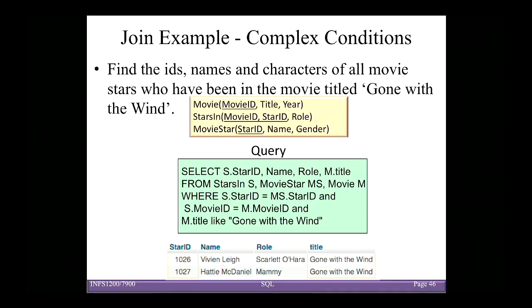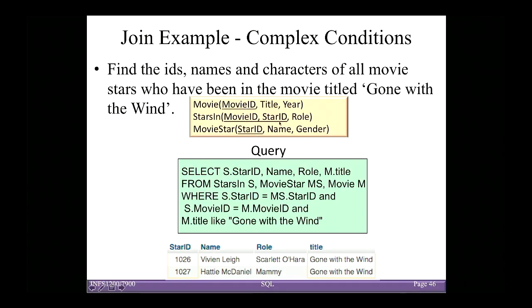Now, note that there's no way to go directly from the relation movie to movie star. To go from movie to movie star, if you want to make any bonds between those, you have to also include stars in. Because movie ID is the bond between movie and stars in, because you can join them through movie ID.